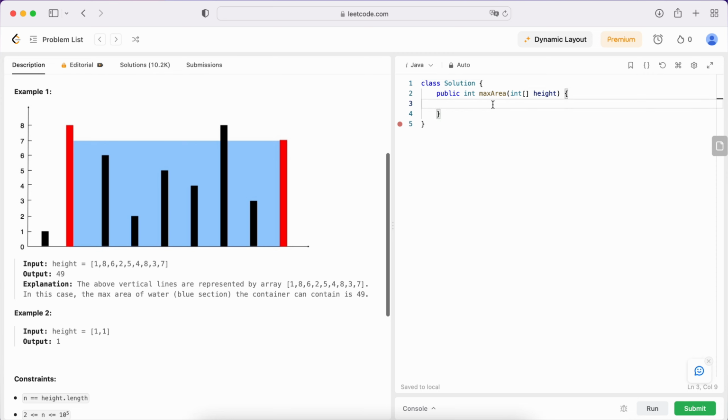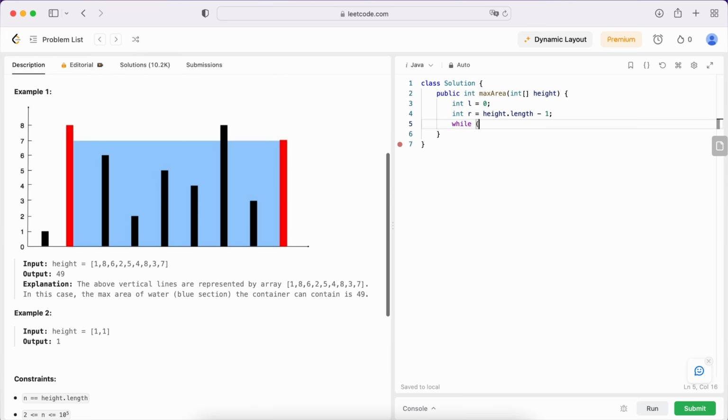As I said before, we will solve this problem with the algorithm called two pointers. The first pointer, left, will be equal to 0 because it is the first line, and right will be the last one. So right will be equal to height length minus 1.